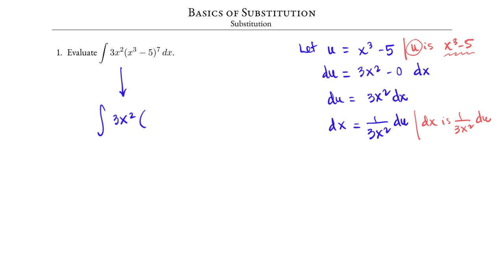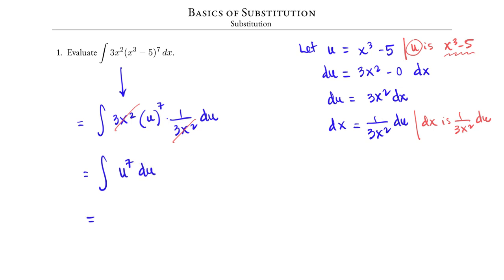But x cubed minus 5 is now u. Everything is the same, raised to the 7th power. And then dx is 1 over 3x squared du. We see that there is a 3x squared in the numerator. Cancel the 3x squared in the denominator. What we have left is u to the 7th power du.